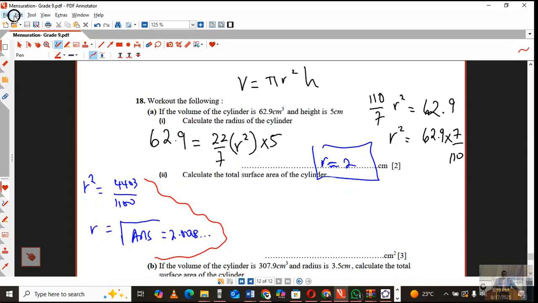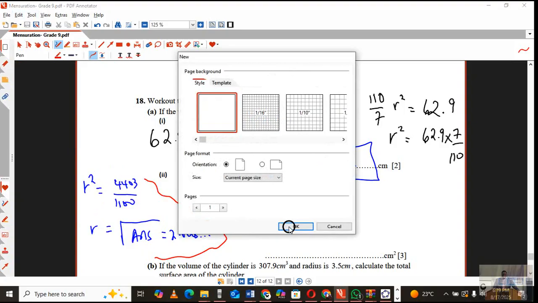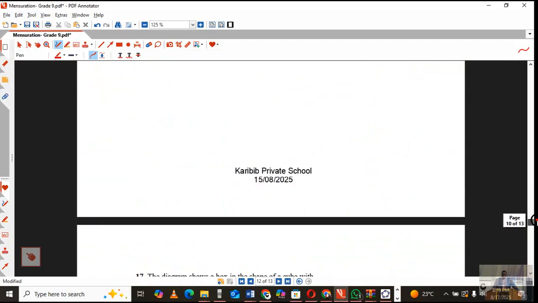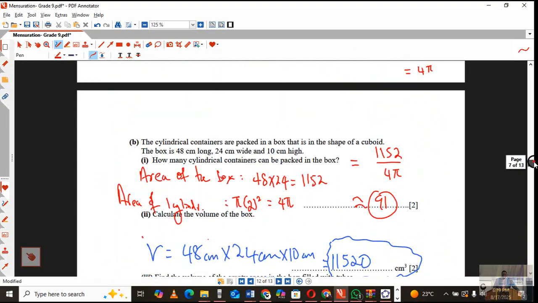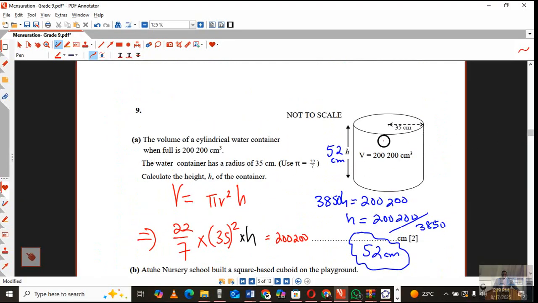let's just append a page. Right, I'm going to append a page here. So what I'm going to look for is a cylinder in one of these questions that I have done. Maybe even this one. Of course, this one has got a few things in it.